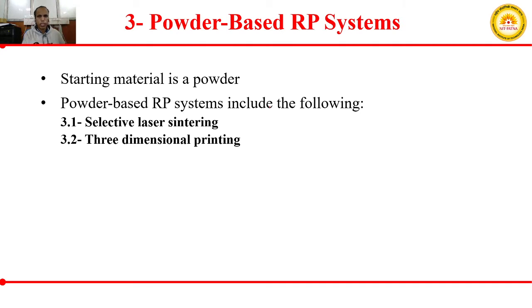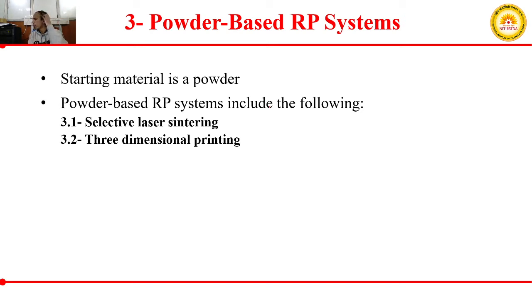Then we have the third type of RP technologies. These are called powder based RP technologies. So in powder based RP technologies, we have starting material in the form of powder.